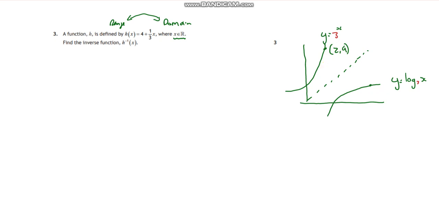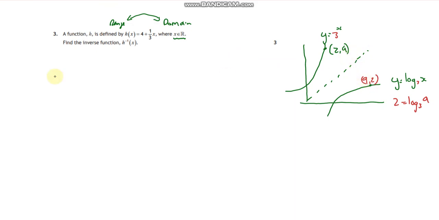If I did y was 2, that would occur when x here is 9. That's what our logs are, isn't it? 3 to the power of 2 is 9. So that's the point (9, 2), just to show you how it works, flipping round the x's and the y's.